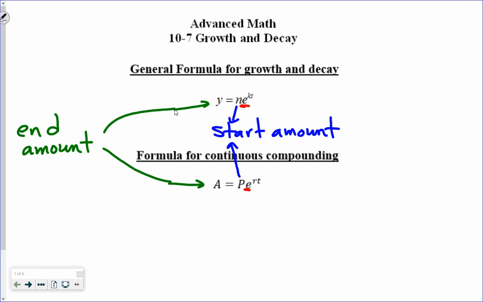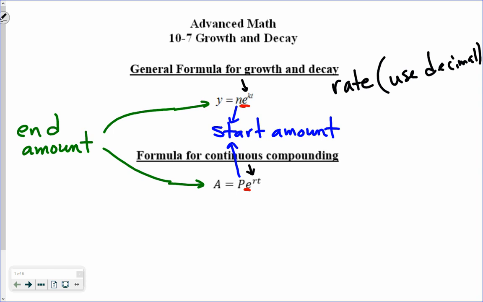So you can imagine that the K up here and the R down here also stand for the same thing. And what those stand for is a rate of some kind. And the only note I can give you is use the decimal form. So if I ask you for K, just leave it as a decimal flat out.